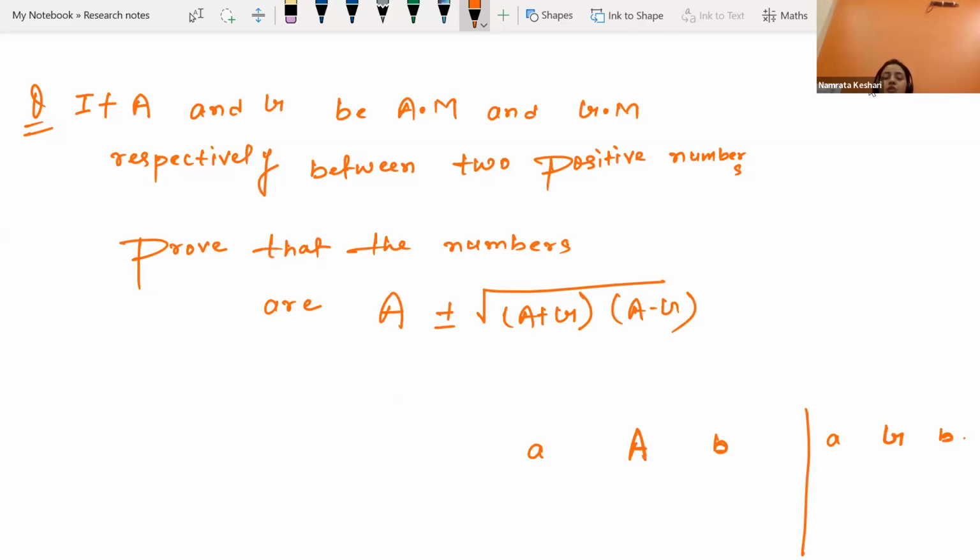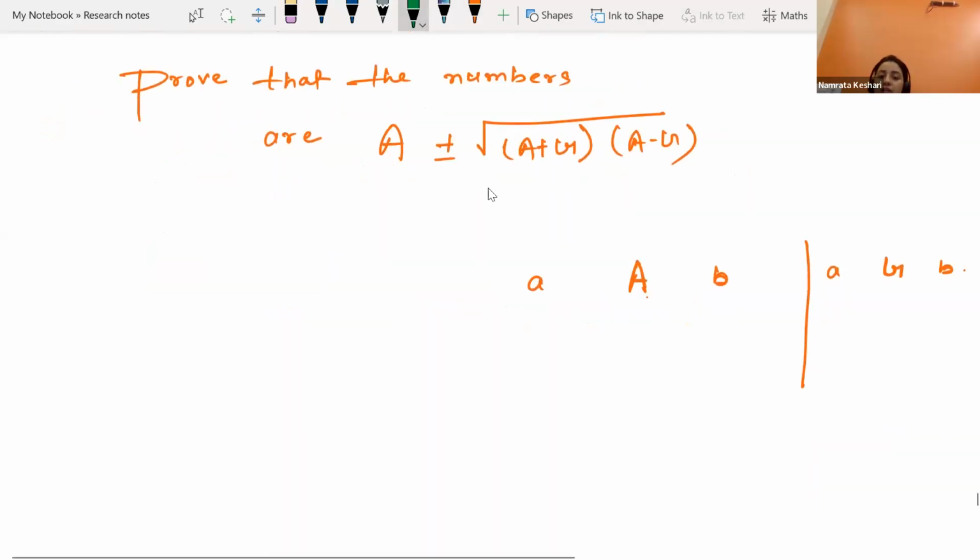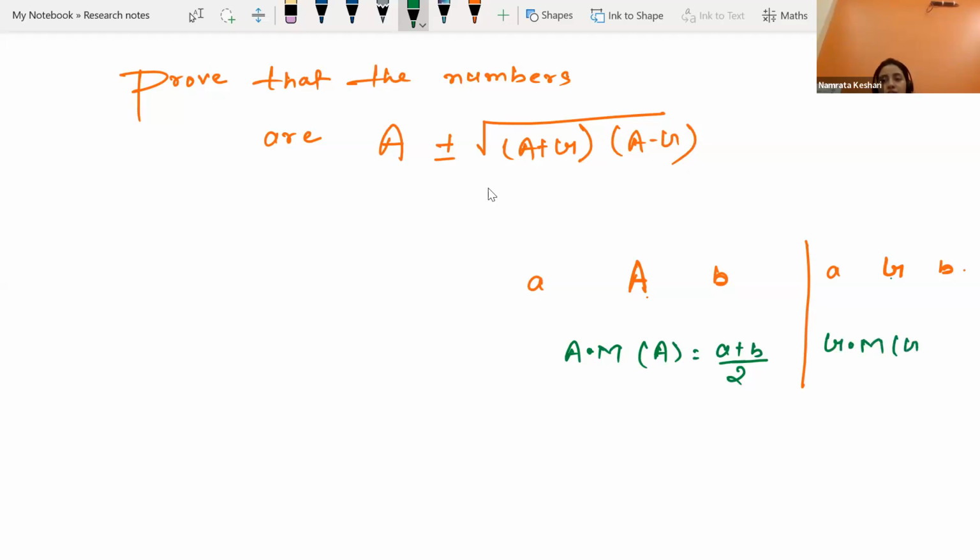So if A is the arithmetic mean, then can we write that arithmetic mean A is nothing but (a plus b) by 2? Can we write it? Yes, ma'am. And here, can we write that geometric mean G is nothing but under root ab? Yes or no? Yes, ma'am.